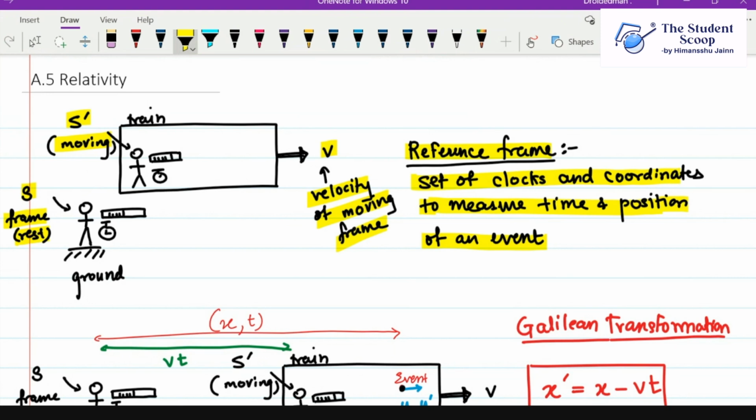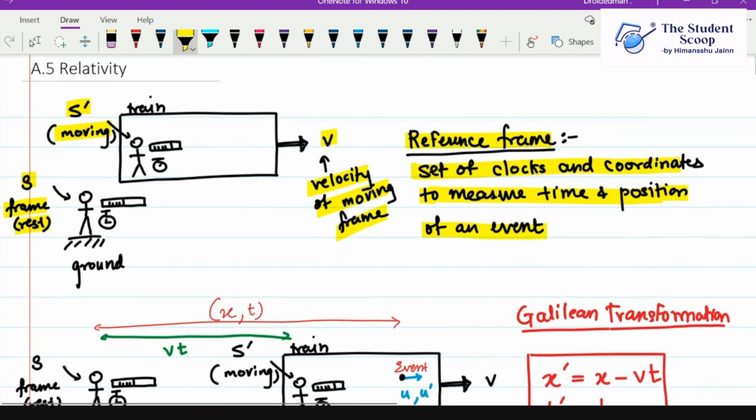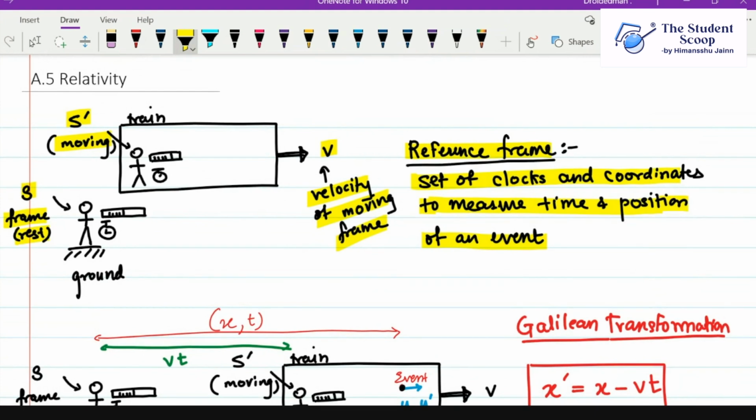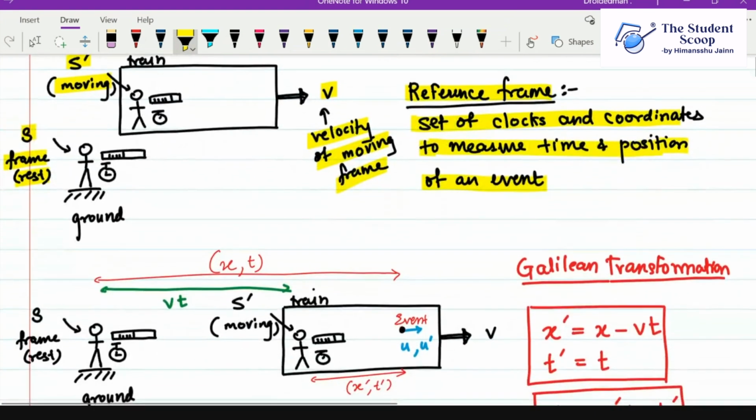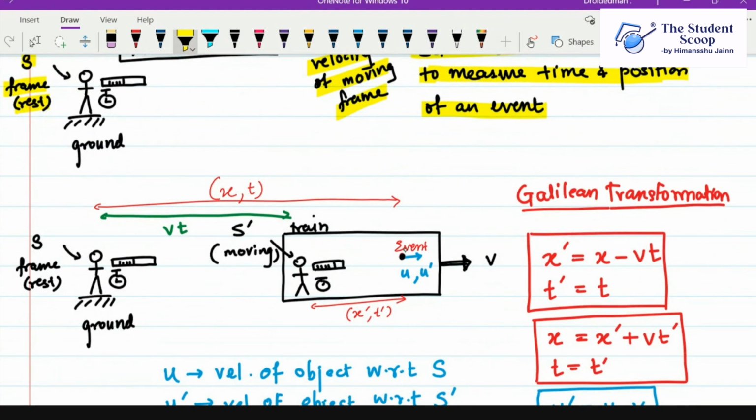Now, once we have two of those observers set into motion, imagine their clocks are ticking, and after some time t, some event happens. Both are going to measure at what time and where the event happened.